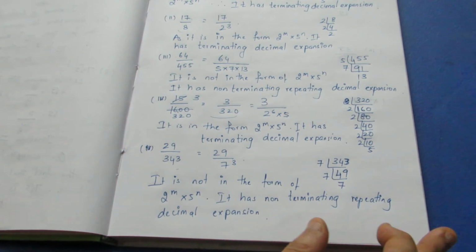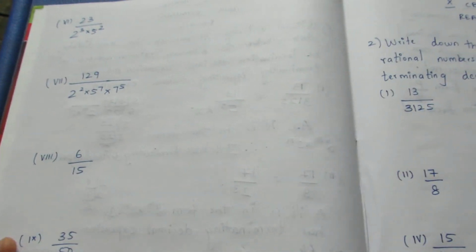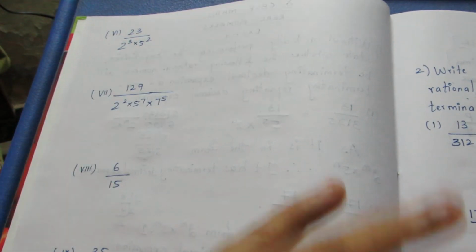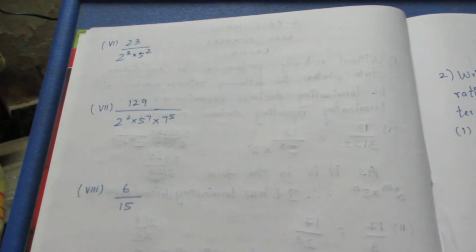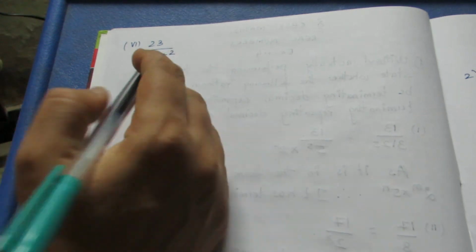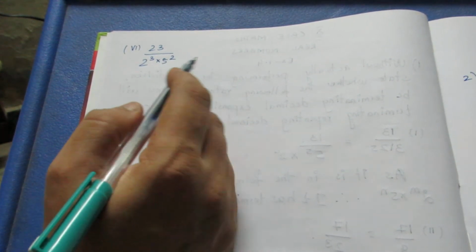So we'll move on to the next one, the sixth one. Here the sixth question is 23 by, already they have factorized it to be 2 power 3 into 5 power 2.